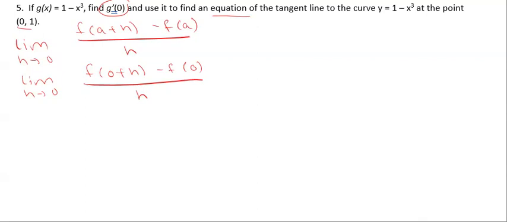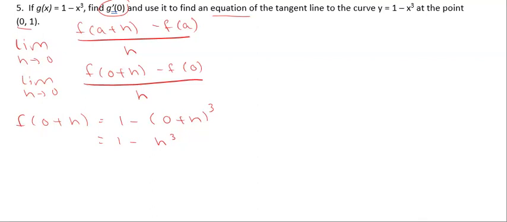Let me show you what I mean. If we're looking for f of 0 plus h, that means that we take our original equation, we take out the x, and we put instead 0 plus h. 0 plus h is just h, so solving this down gives us 1 minus h cubed. If I had left the a there, like we've done in other examples, I would have had to multiply out the cubic, and it would have been a big binomial expansion.